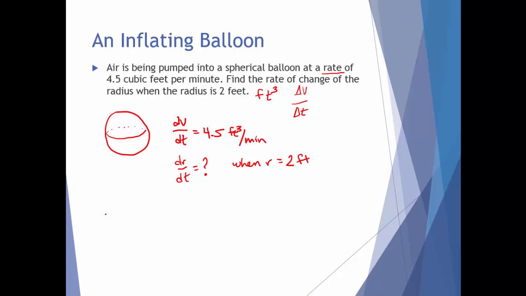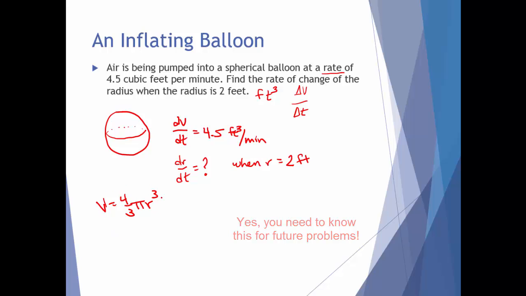What we then need is an equation that relates our knowns to our unknowns. We need something that relates the volume to the radius. Well, given that this is a sphere, the volume of a sphere is 4/3 pi r cubed. That's just the equation for the volume of a sphere.